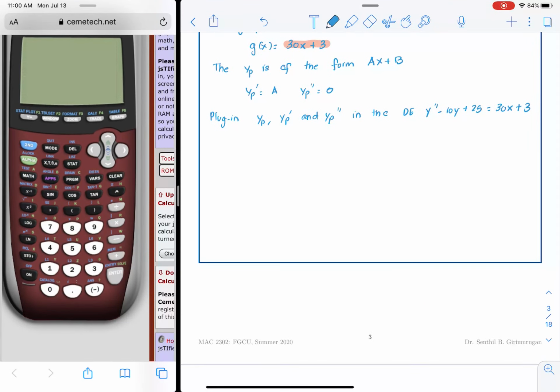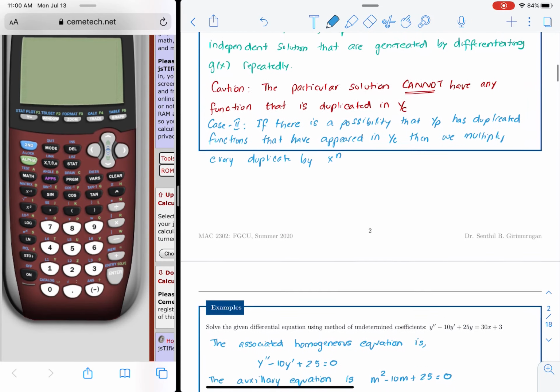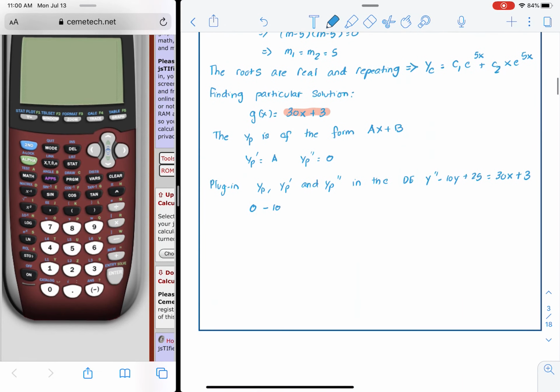So let's start with the left hand side. So we have y double prime to be 0 minus 10 times y prime plus 25y. Yp prime is a, plus 25y, which is ax plus b. And that would be equal to 30x plus 3.